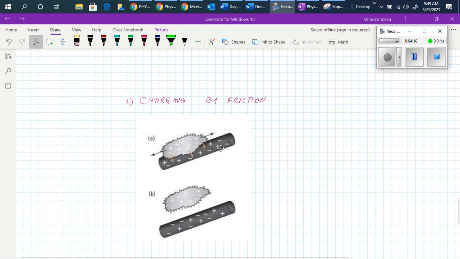In picture A, the number of electrons and protons, or negatives and positives, is the same. And in picture B, the number of negatives is higher than the number of positives, which makes the ebonite negatively charged and the fur positively charged.